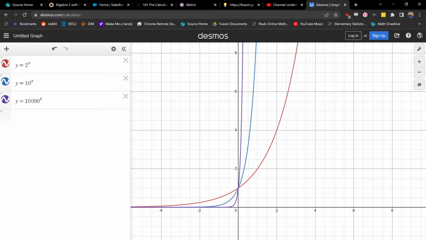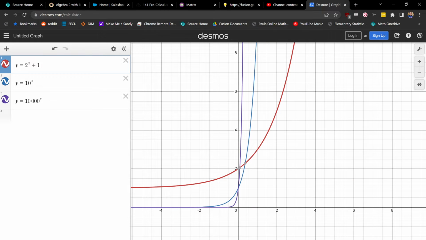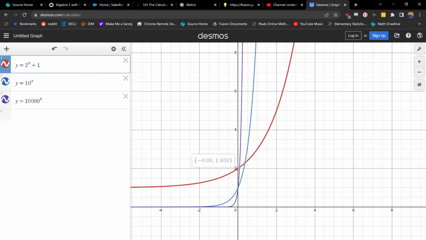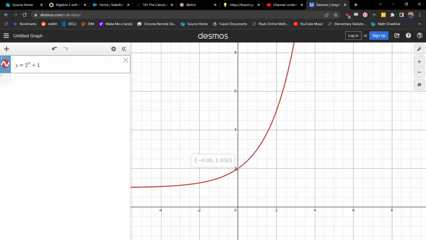Now that does not account for if we did a translation. If we translated it up 1, now it's going to cross at 2 here. So let's see all these translations in action. We shifted it up 1.